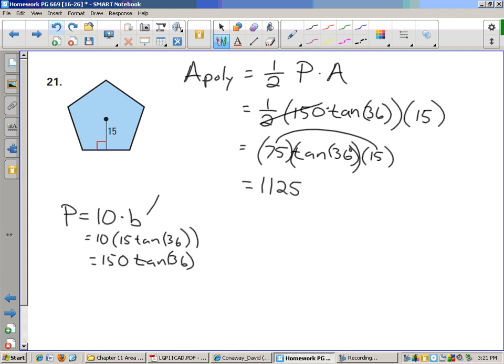I did 75 times that 15, and I added 700 instead of 750. Okay, so 75 times 15 is 1125 tan 36 degrees. Okay, and now I can finally take that, round it, and give myself a number. So let's go ahead and round it and find out what that is.